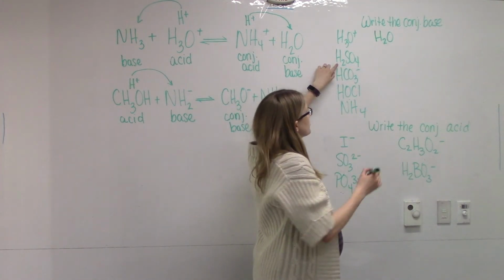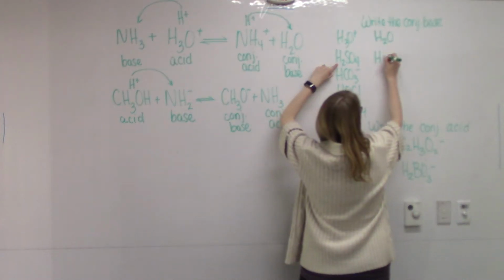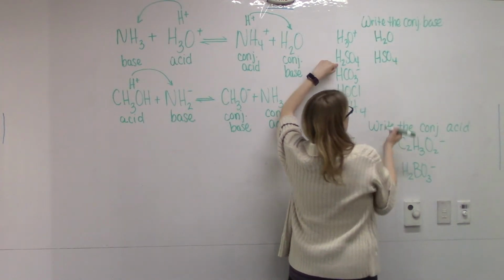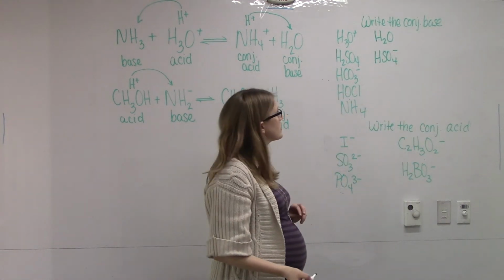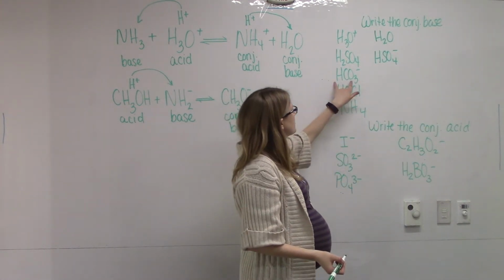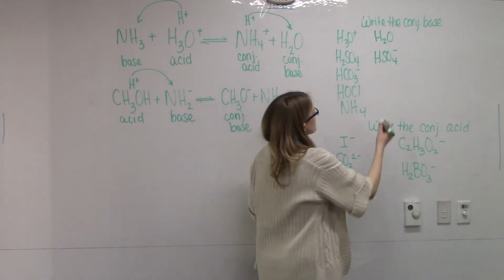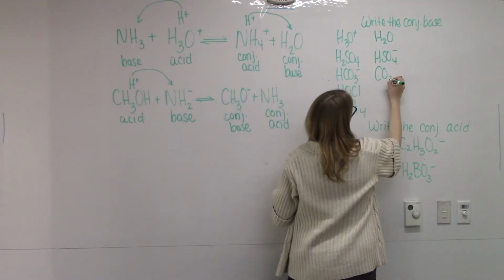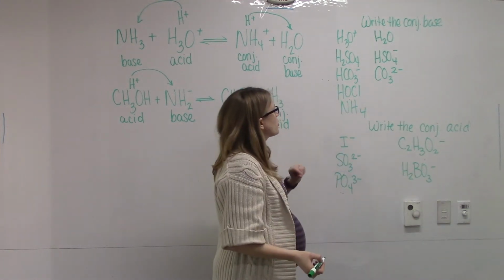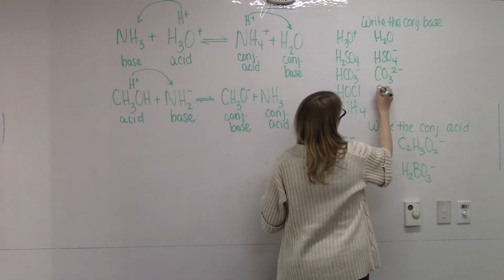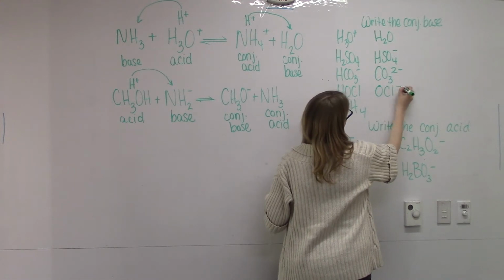H2SO4 loses an H, so now it's HSO4. Since it lost an H+, the charge goes down 1: HSO4 minus. HCO3 minus loses an H, becoming CO3, and it loses a charge, 2 minus. HOCl is going to be OCl minus.